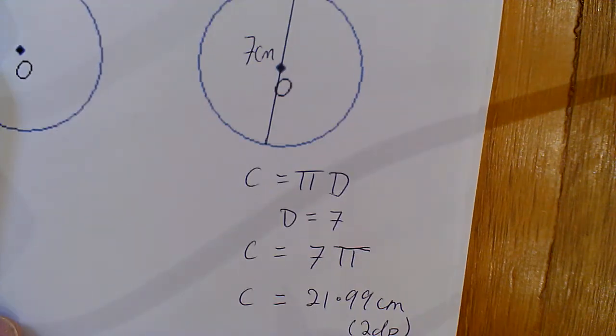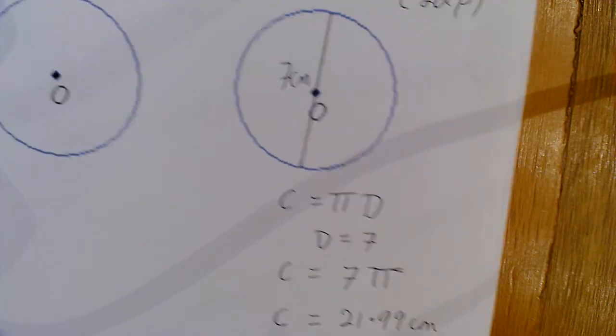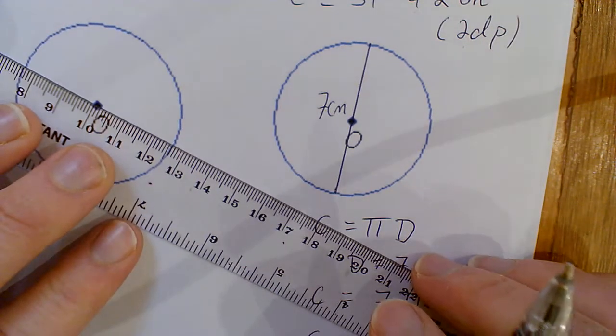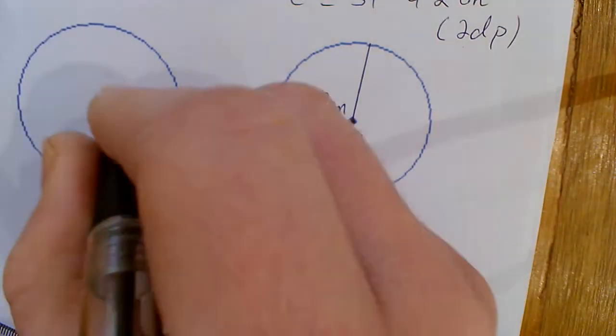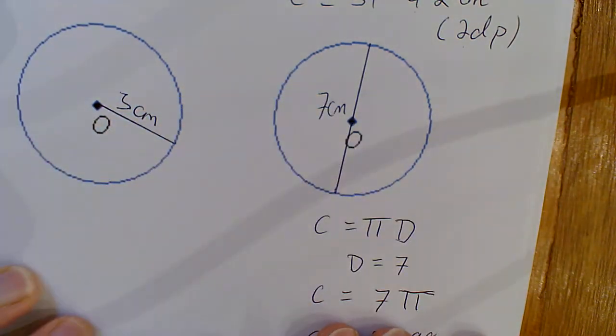Okay, straightforward stuff. But what about if you're not given the diameter, but you're given instead the radius? It's not a problem. Okay, this time I'm given the radius, and it's 3 centimetres.